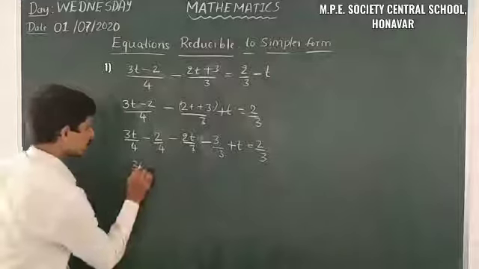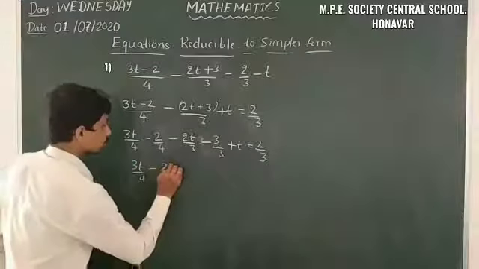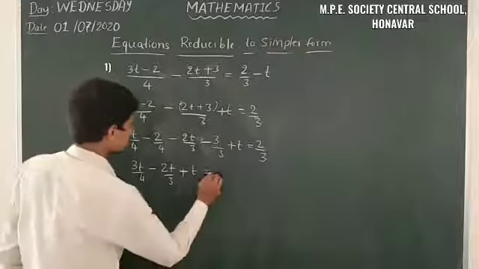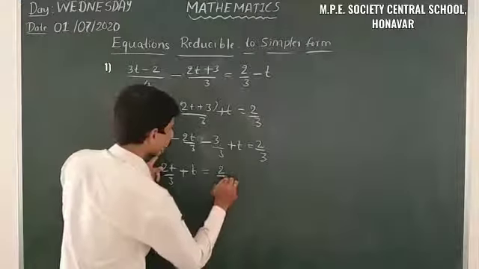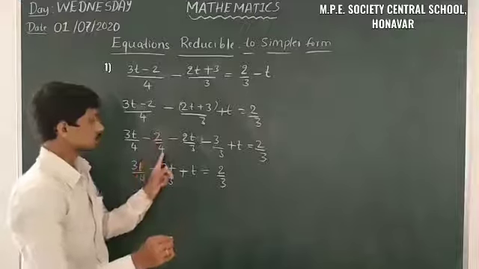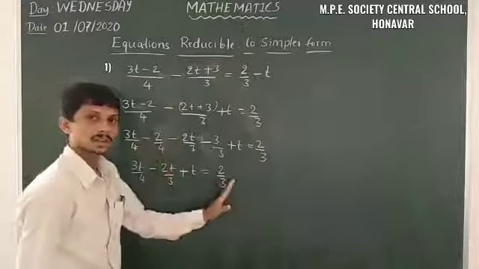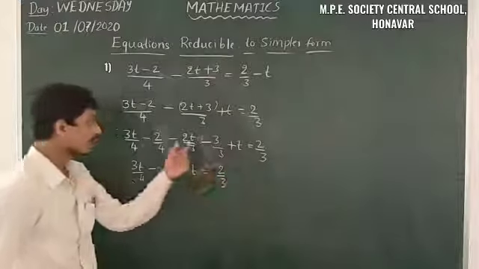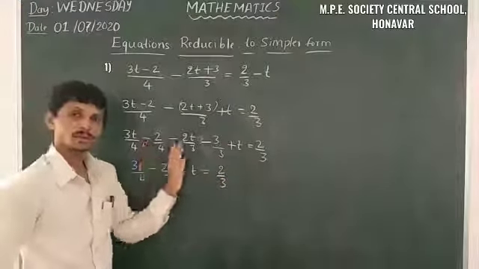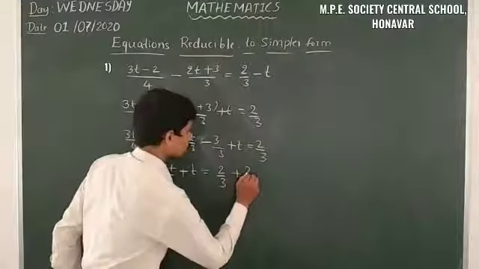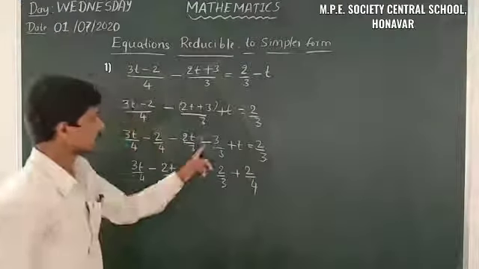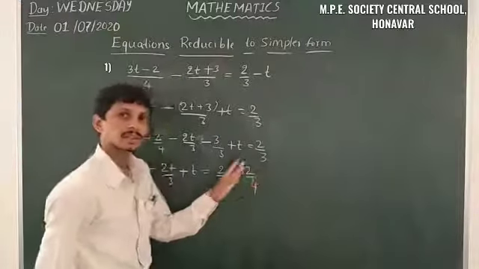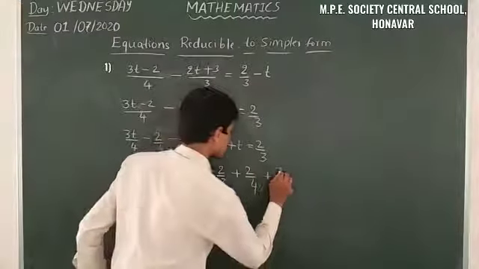So that is 3t by 4 minus 2t by 3 plus t is equal to 2 by 3 minus 2 by 4 on the RHS side. After transposing, minus 2 by 4 becomes plus 2 by 4, and minus 3 by 3 becomes plus 3 by 3.